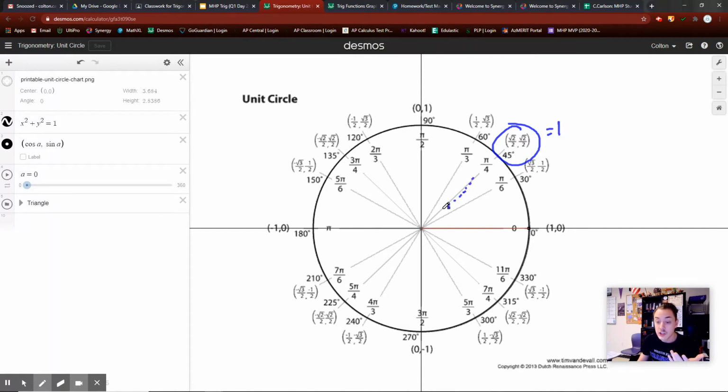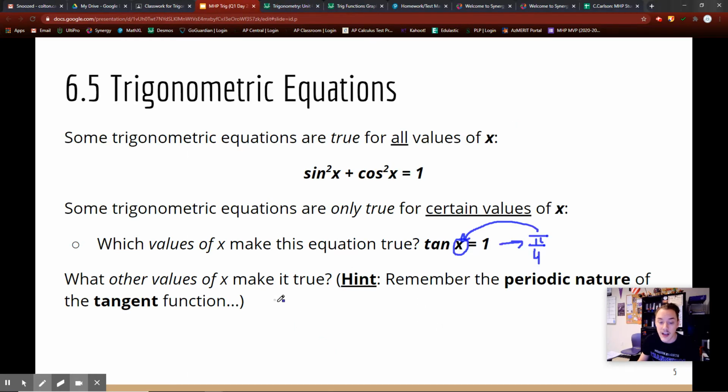Now, if I actually just go across 180 degrees, because pi equals 180 degrees and tangent's period is pi, look at that. What if I take negative radical 2 over 2 divided by negative radical 2 over 2, y over x? Will that also equal 1? Sure, absolutely. So 5 pi over 4 is definitely another value I could have here. So x could also equal 5 pi over 4.